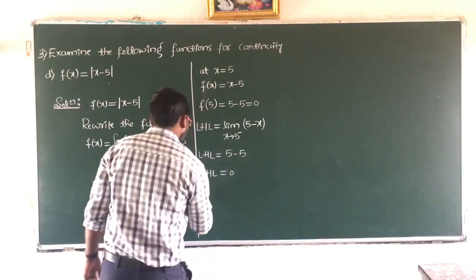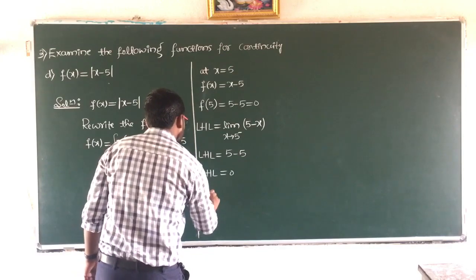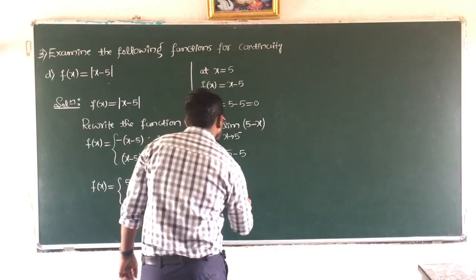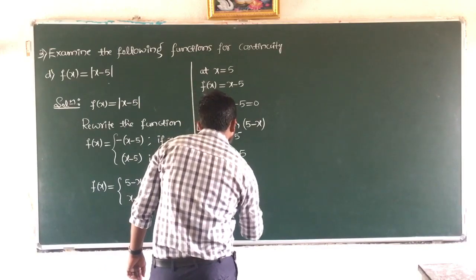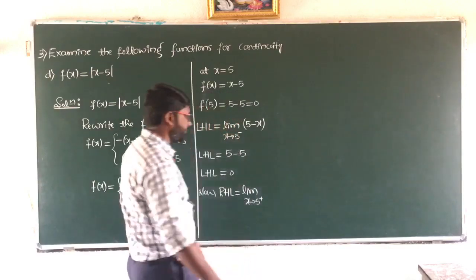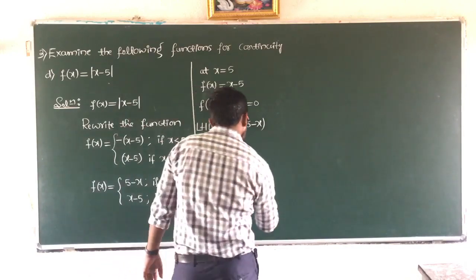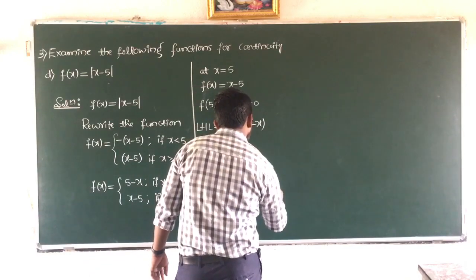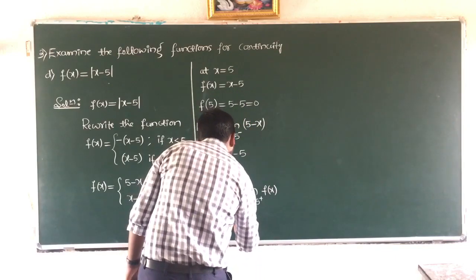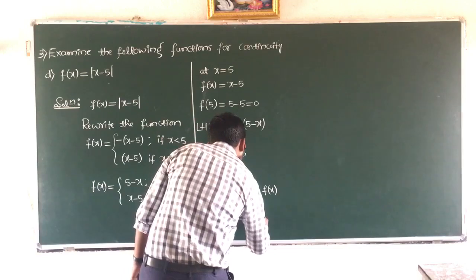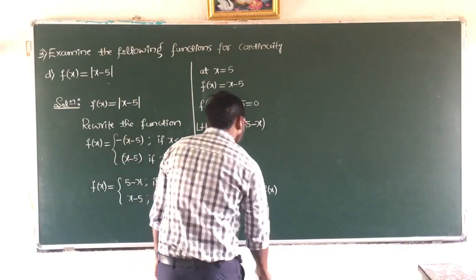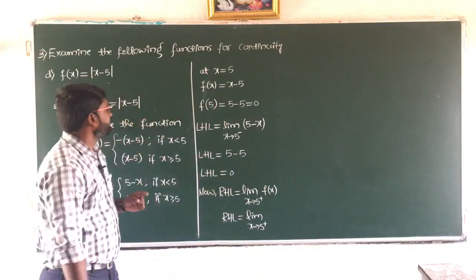And then now I will go for the RHL, the right hand limit. RHL is equal to limit x tends to 5 plus, f of x. What is f of x now?